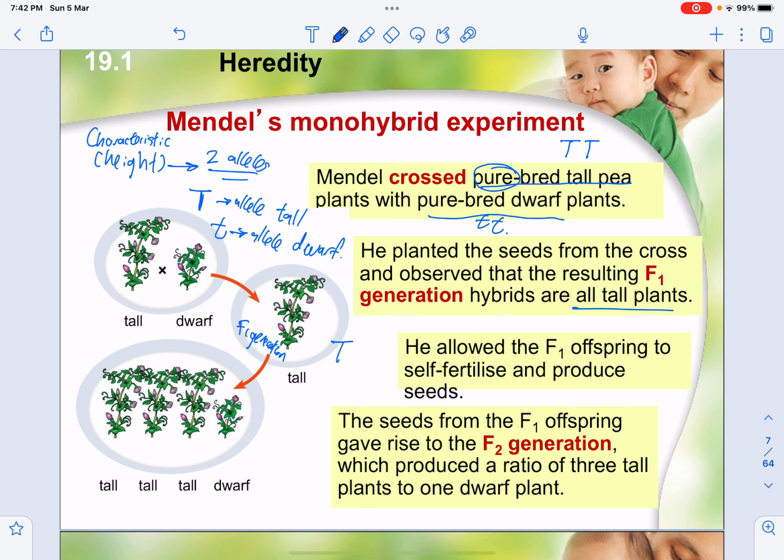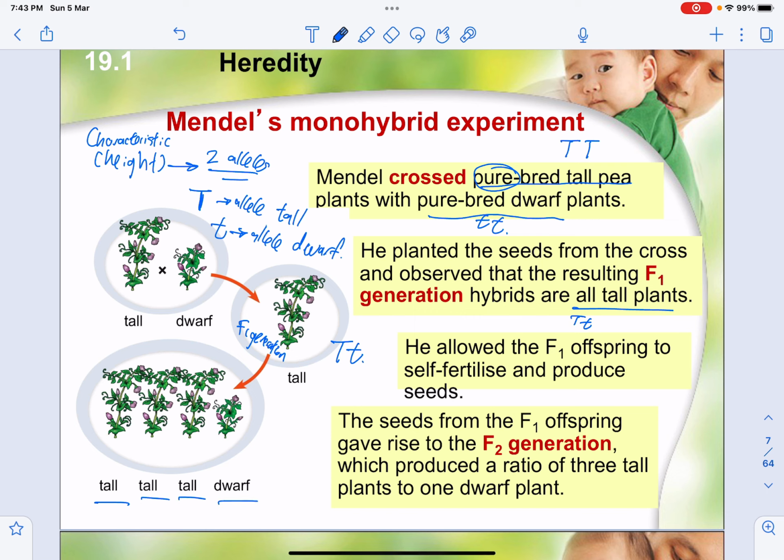It will actually be represented by one big T, one small t. Then he took the offspring, like an incest kind of thing, to cross with each other. So you cross the same offspring, which is capital T, small t, which you look at as tall.